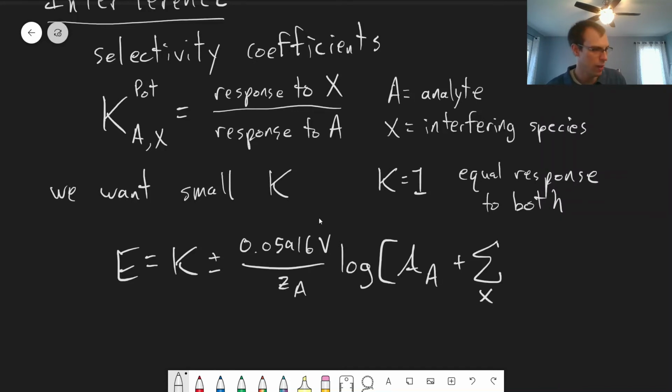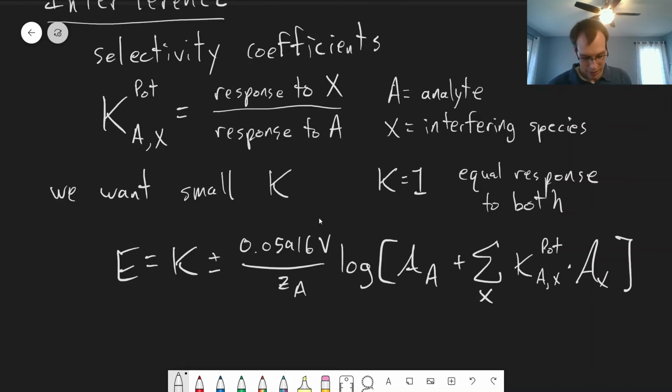So we add up all the interfering species for all of our X. This will be our selectivity coefficient times whatever the activity of X is. So our concentration will appear to be higher than it actually is.